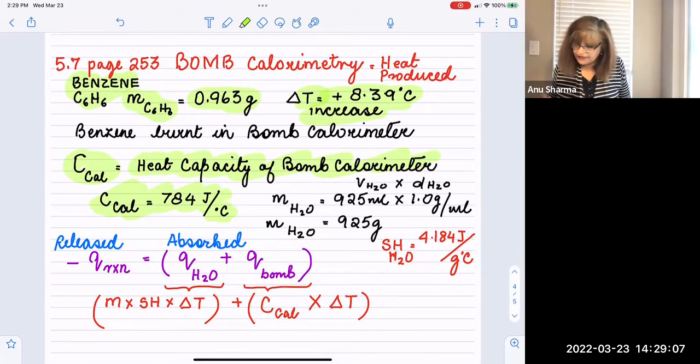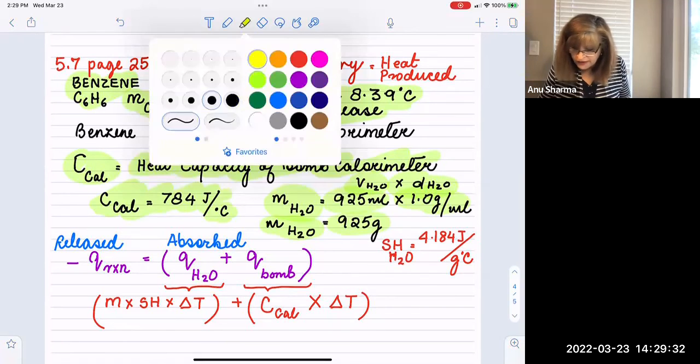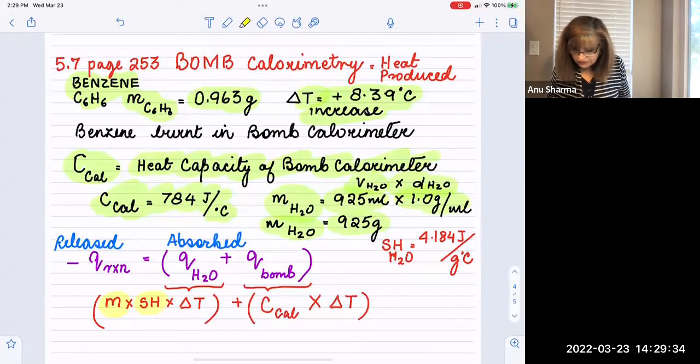Okay. Then there's also some water evolved in this reaction, and the water absorbs the heat also. The volume of the water is given, and the density of the water is known. So you take the volume of the water times the density of the water, you get the mass of the water. Because you need the mass, because you're using the formula mass times the specific heat times the delta T for water.